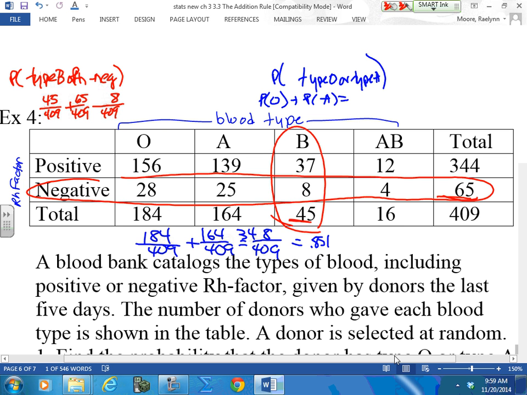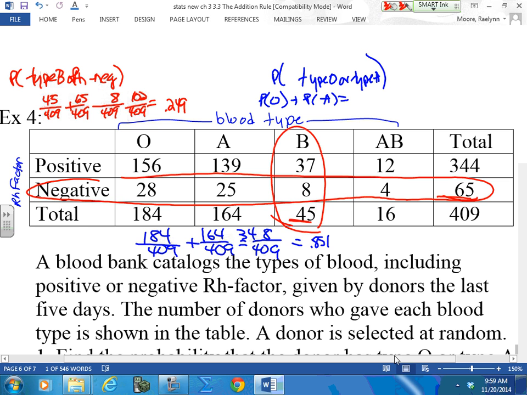See the difference when they're mutually exclusive, when they're not? The table is the best way to do it, because once you hook the pieces up, you'll actually see where they intersect, where they overlap. So you add these two up, you get 110 minus 8, and then just give me a decimal out of it. You can go 3 decimals, it's probably easier. 0.249.